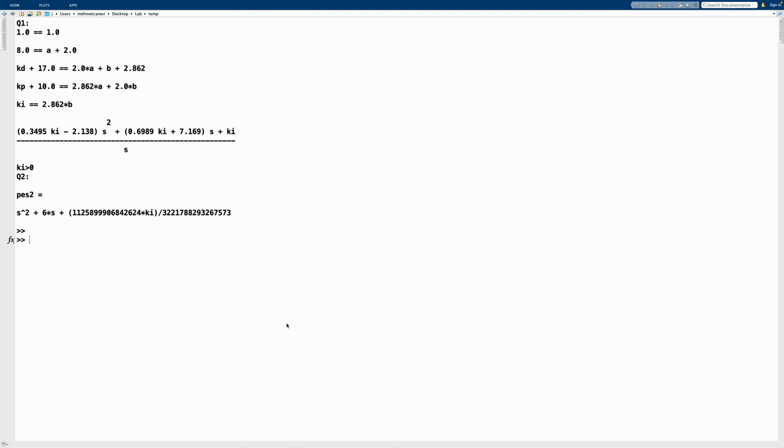So there we go. Now, if you look at such a polynomial, you should recognize that it depends on a certain controller parameter Ki.